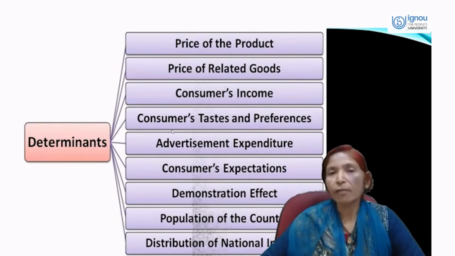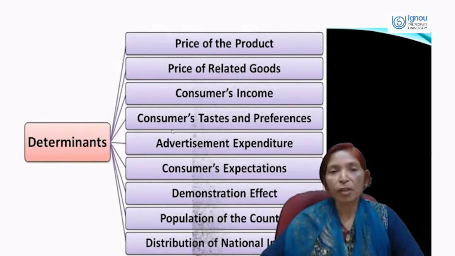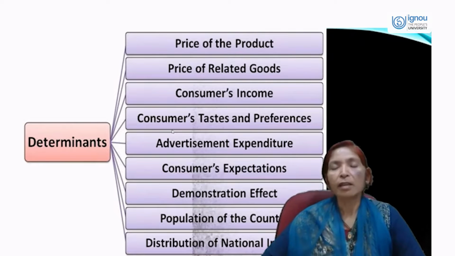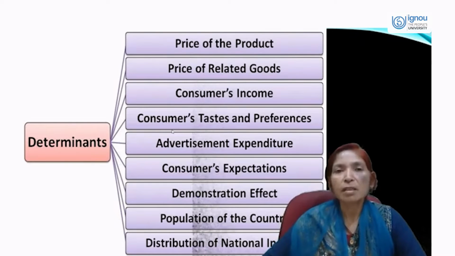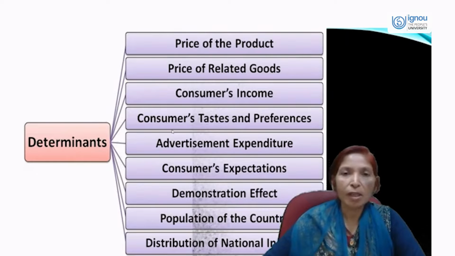And second is inferior goods. Inferior goods are those goods which are inversely related with the level of income, because they are demanded by a person when his income is lower. If income is lower, then we will demand inferior goods like tone milk.